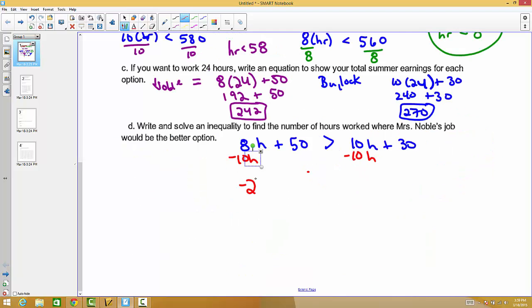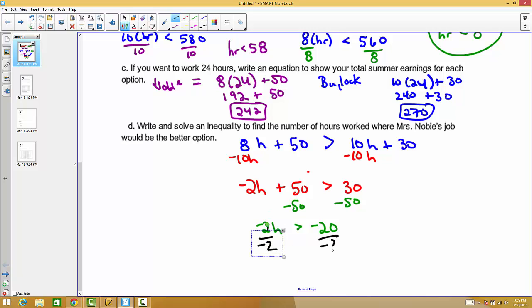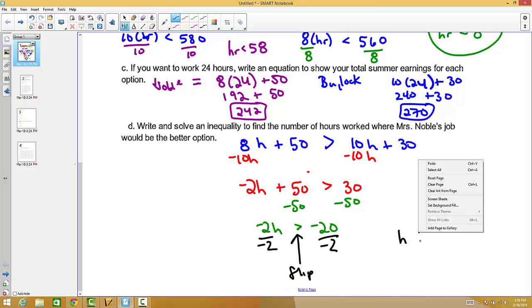So we have negative 2h plus 50 is greater than 30. And then you want to get all your numbers to the opposite side. So subtract 50. So negative 2h is greater than negative 20. And then if you remember, whenever you multiply or divide by a negative, you have to flip the inequality. So that needs to flip. So h is less than 10.